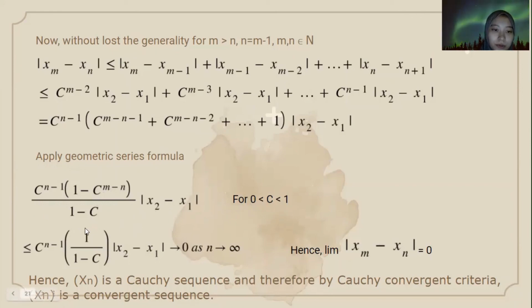So we get smaller or equal to c to the power of n-1 times 1 over 1 - c times |x2 - x1|, which approaches 0 as n increases to infinity. So we get |xm - xn| equal to 0. Hence, xn is a Cauchy sequence, and therefore, by the Cauchy convergence criterion, xn is a convergent sequence.